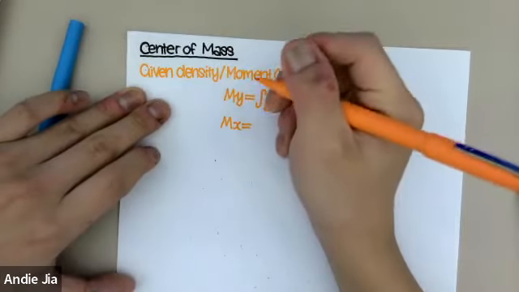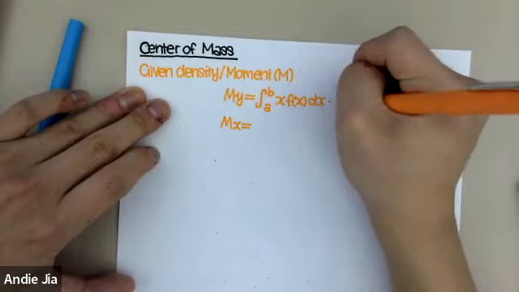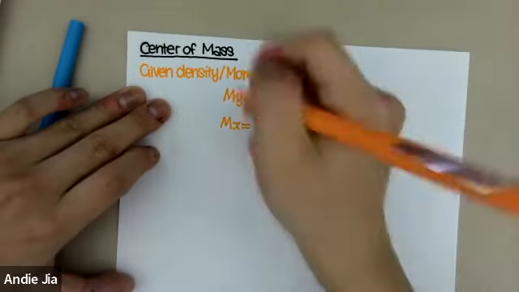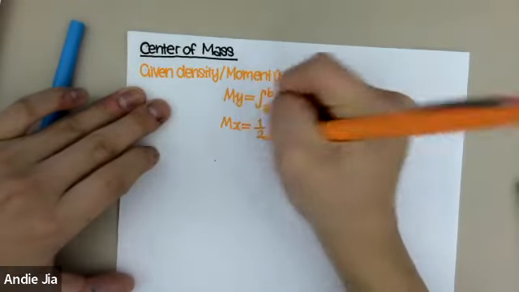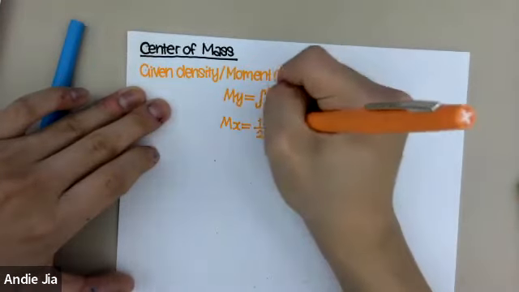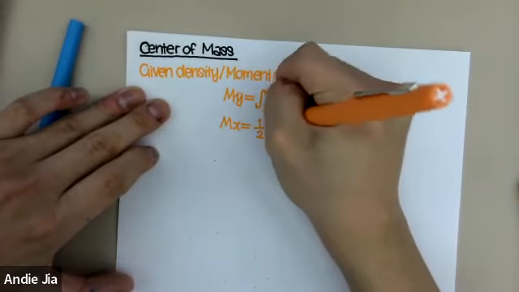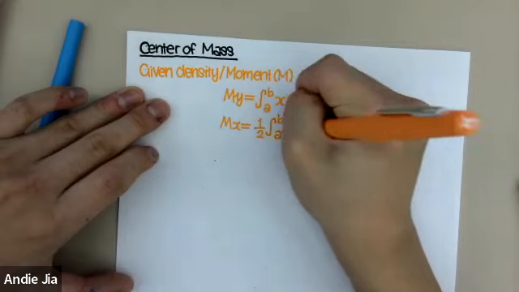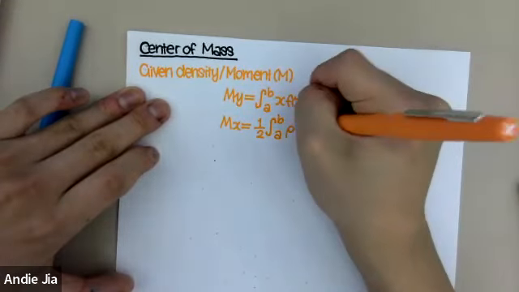So it's going to be 1/2 times the density, the integral from A to B of the density times f of x squared.